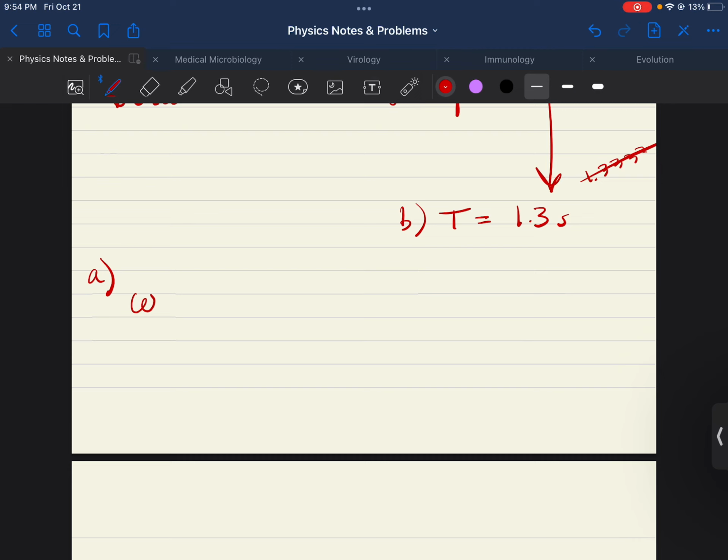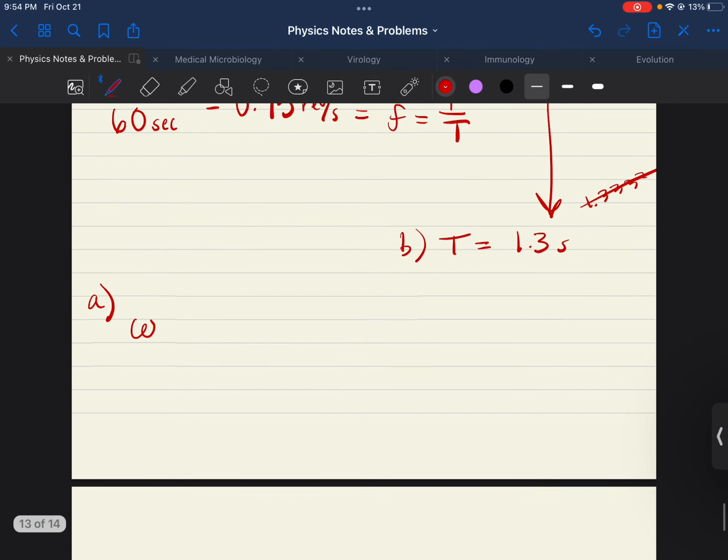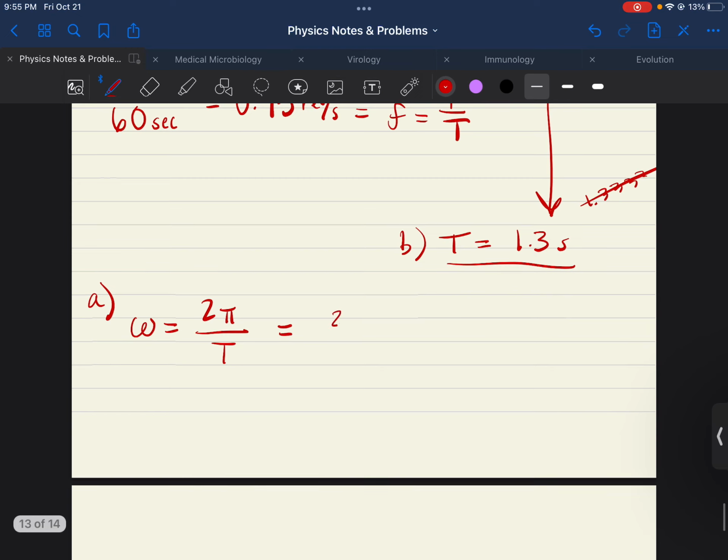And we know that omega is equal to 2 pi over T. Beautiful, because we know the period already. So if we want to find our angular speed, all we have to do is put the period into this equation. Simple, easy, amazing. So 2 pi over 1.3.